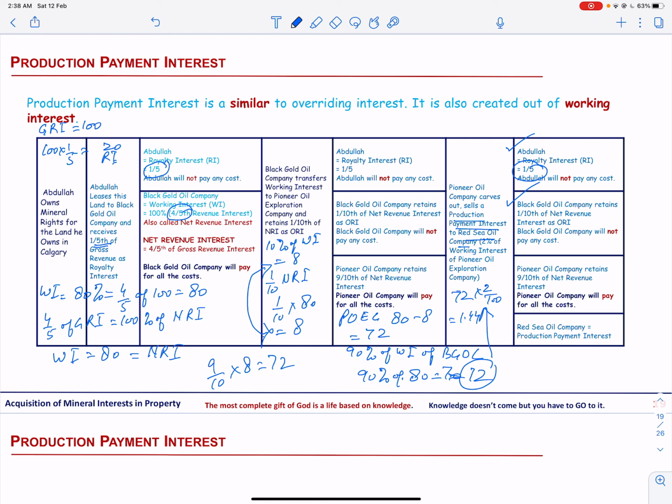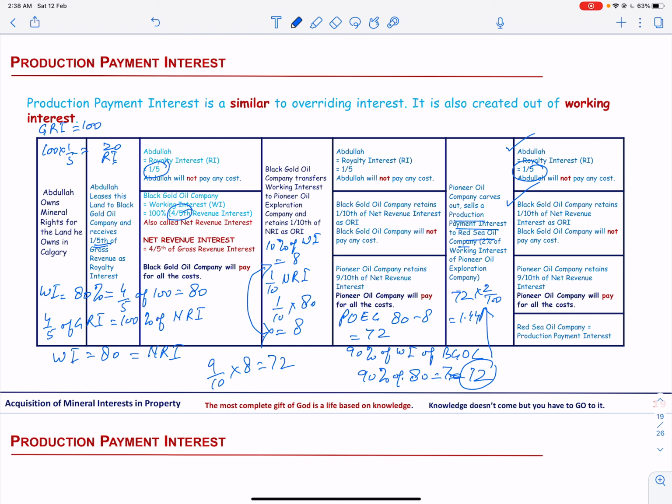Pioneer Oil Company retains 9/10 of net revenue interest, and Pioneer Oil Company will pay for all the cost. Red Sea Company will get production payment interest of 1.44, and even they are not going to share any cost with the Pioneer Oil Company.